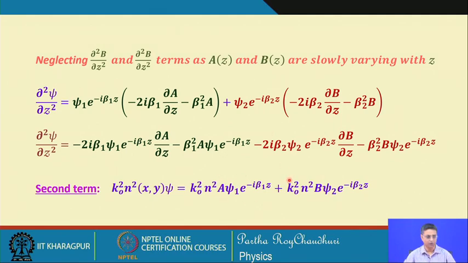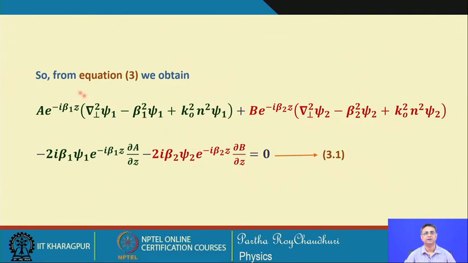Now, we can put all the three terms together, and from equation 3 then we can write this equal to a e to the power of minus, which is a common factor for the first three terms, and b e to the power of I beta 2 z is again a common factor for the last three terms, and if we put them in the bracket, you can remember that this quantity is again the wave equation for the first waveguide, and this is again the wave equation for the second waveguide.